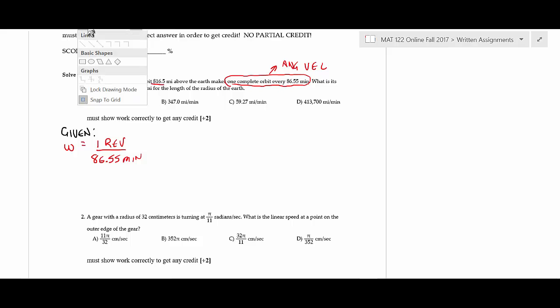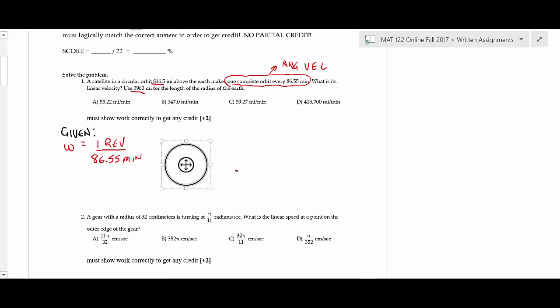The next thing I'm going to do is draw a picture of the Earth. Here's the Earth, and we have the center of the Earth, and you're given that the radius of the Earth is 3,963 miles. I'm not going to draw this to scale, but the satellite is traveling around the Earth, and this distance above the Earth is 816.5 miles.